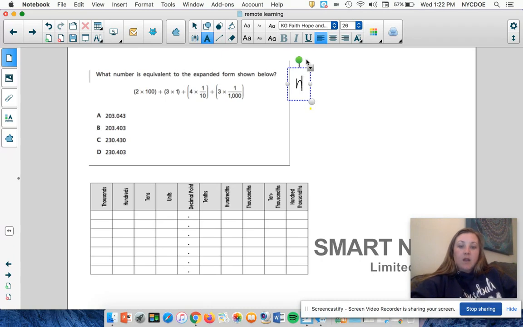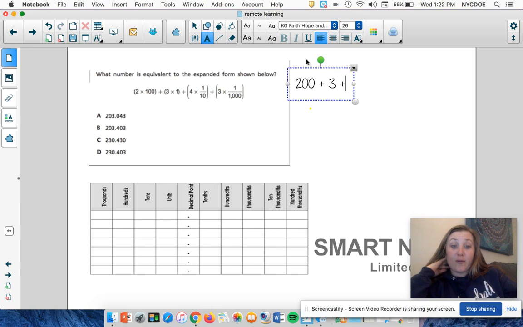All right, this works. So our first expression in our parenthesis is 2 times 100, 200. My next number is 3 times 1, which is 3. Now, when I move to my decimal form, I have 4 times 1/10. So if I am multiplying 4 times 1/10, I have a decimal with a 4, because the first place value after your decimal is your tenths place.